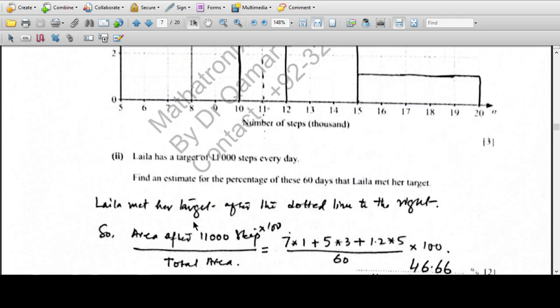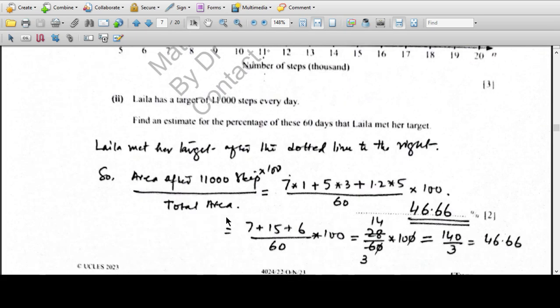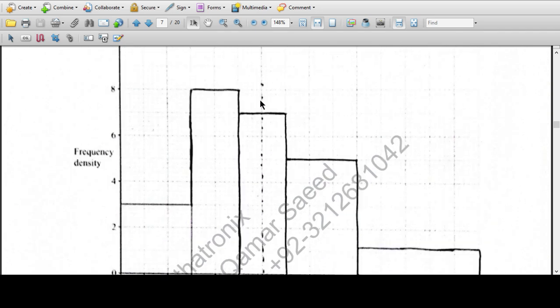Now, Layla has a target of 11,000 steps every day. Find an estimate for the percentage of these 60 days that Layla met her target. So it is the area after 11,000 steps divided by the total area.